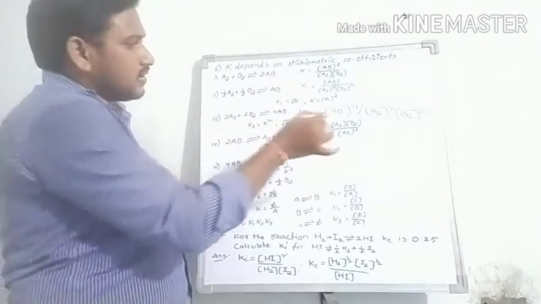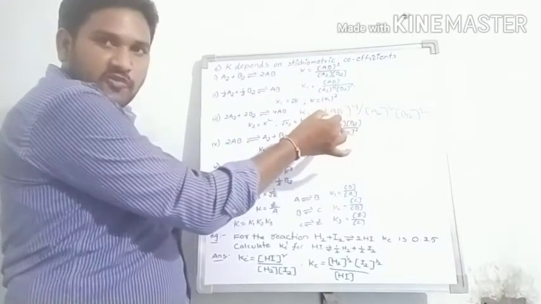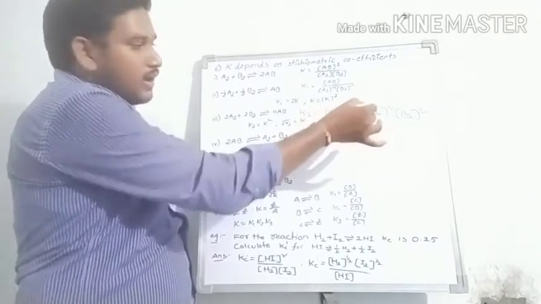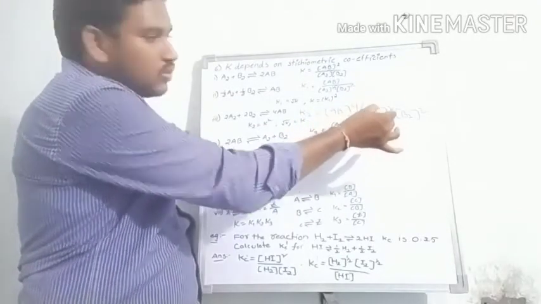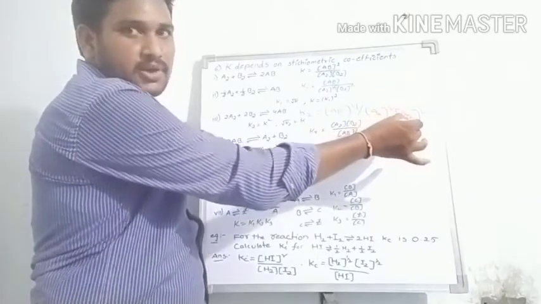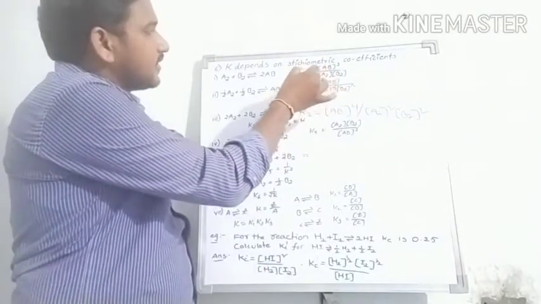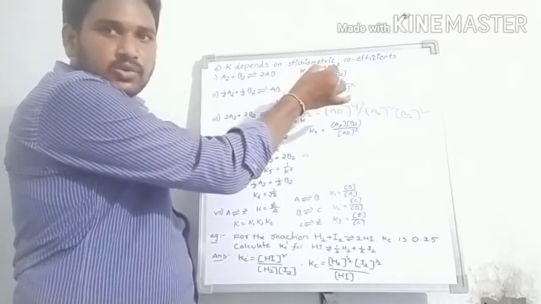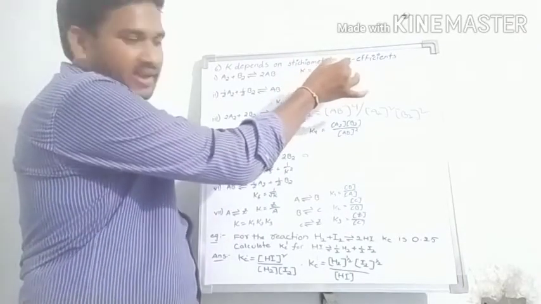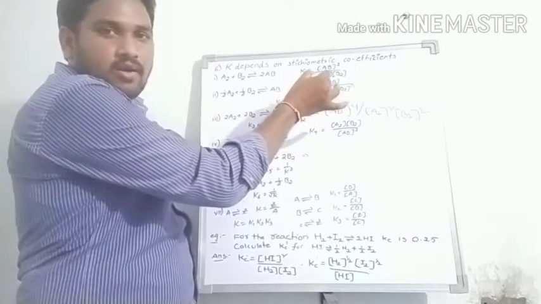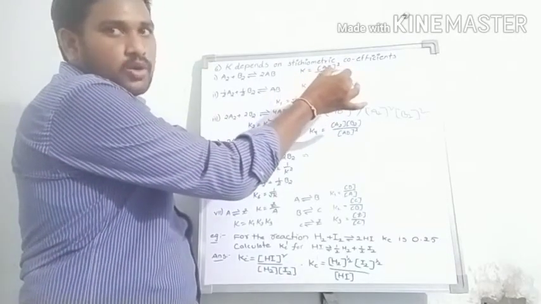Why? Because the concentration of AB whole power 4 by concentration of A2 whole square into concentration of B2 whole square. In the earlier reaction, what is K? K equals concentration of AB whole square by concentration of A2 into concentration of B2.